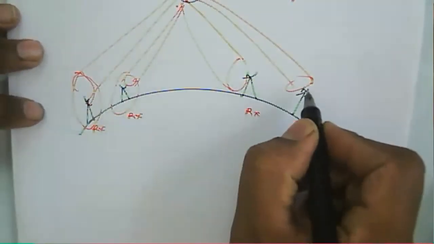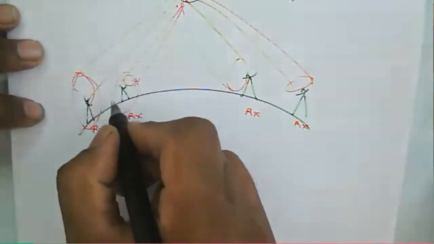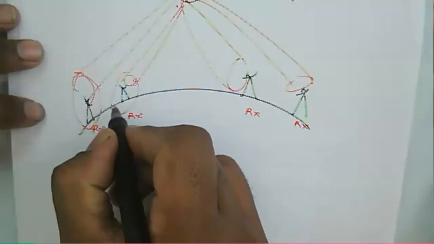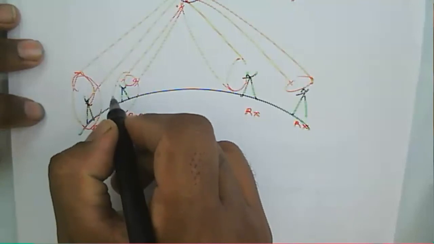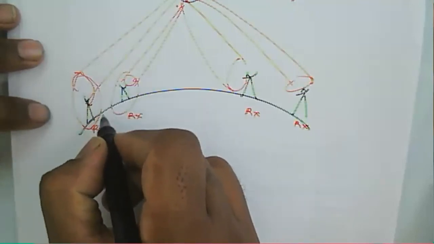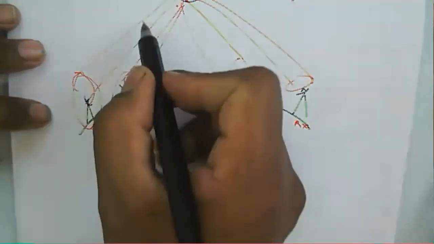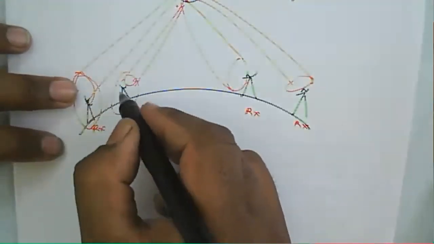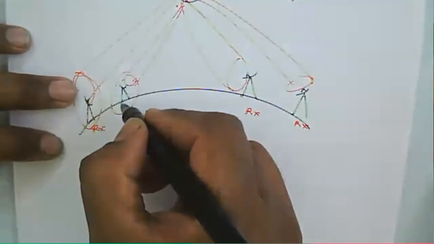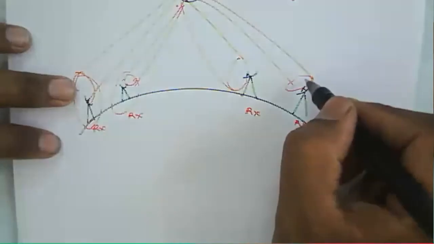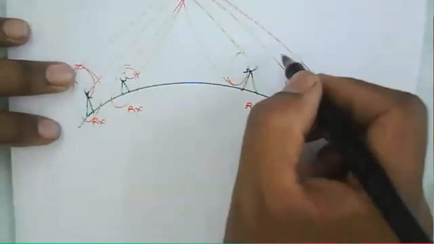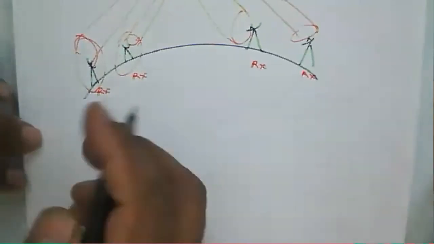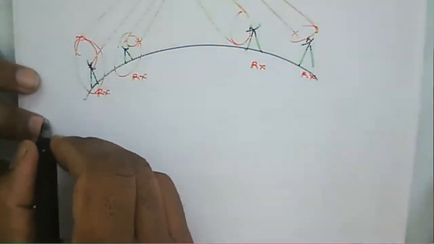Because of that separation of the earth stations, the frequency used by one beam can be used by another beam. So that's why it is called frequency reuse in the satellite.